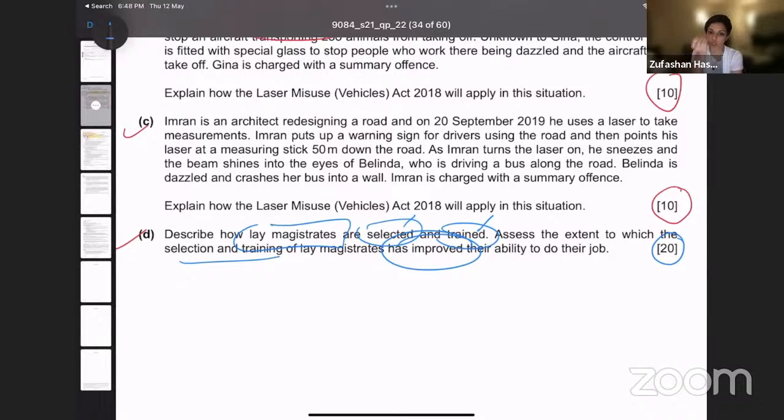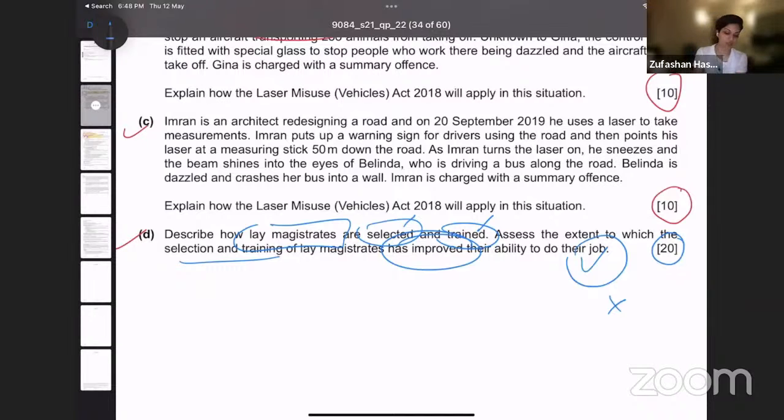You have to talk about how the training and selection is good or bad. Is it efficient? Is it great enough to allow them to do their job properly or not? So you have to give both sides of the story. But you will, from the whole chapter, pick out details about these 2 things from your memory, and you will then tell the examiner that this is how it is, right? So this is similar to a P1 paper question, basically.